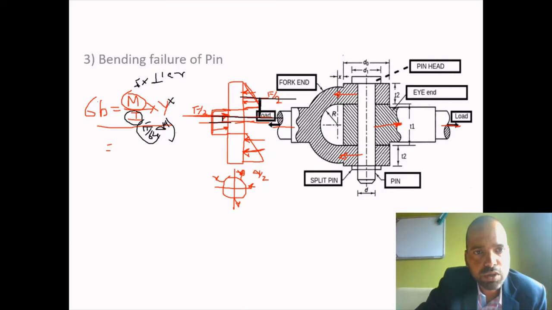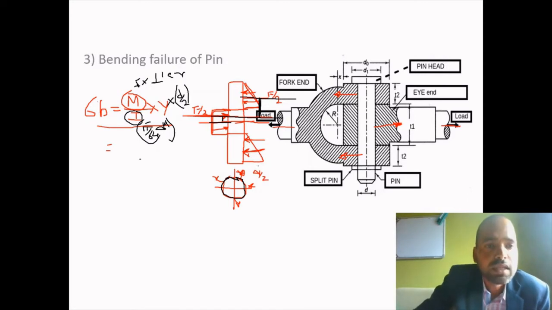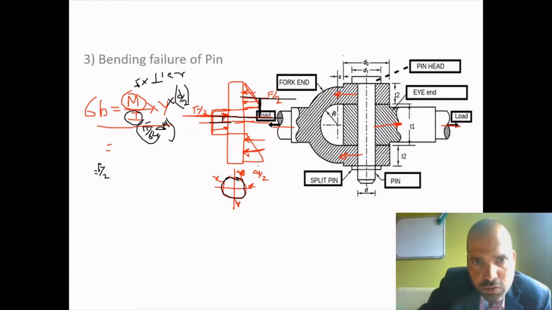And the distance of the extreme fiber from any one of the axes is d by 2, hence y is equal to d by 2.